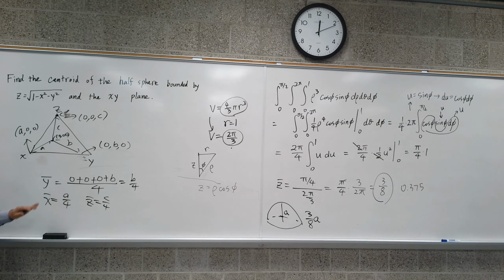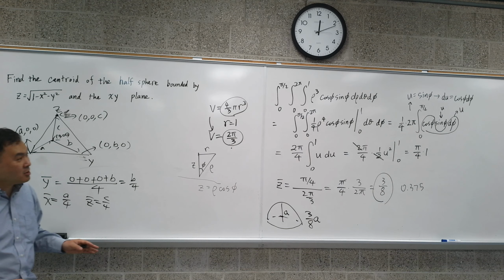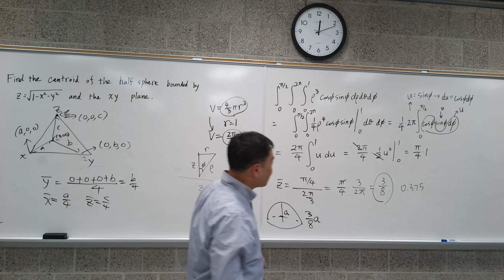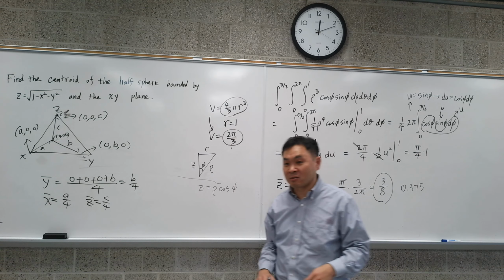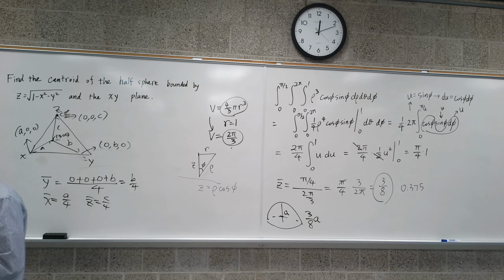Okay, so you could also do some similar integrals. This time you can't use spherical, you have to use rectangular, and get the same result, or you can just use your intuition. Having this kind of experience really strengthens your understanding of what's going on behind these statistics. Not statistics, statics, engineering statics.